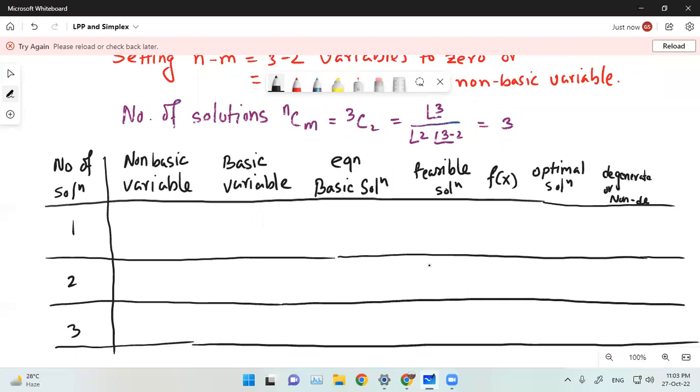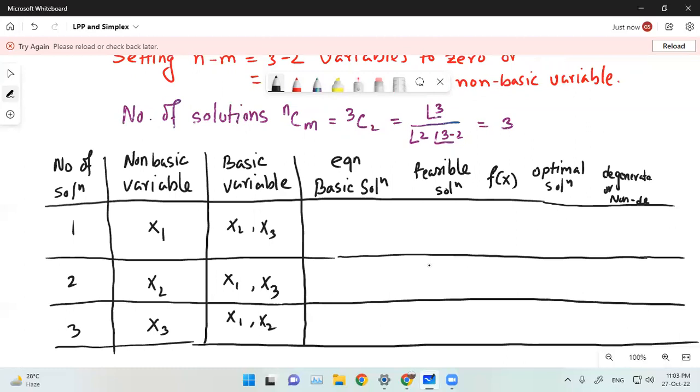We'll start with x1, then in the next solution we'll set x2 equal to 0, and in the third x3 equal to 0. Then our basic variables are here x2 and x3, here x1 and x3, and here x1 and x2.